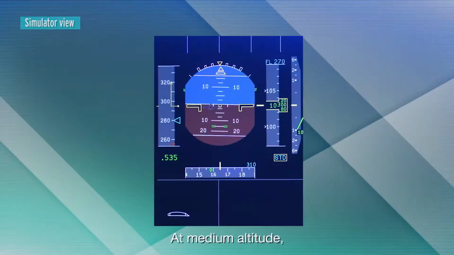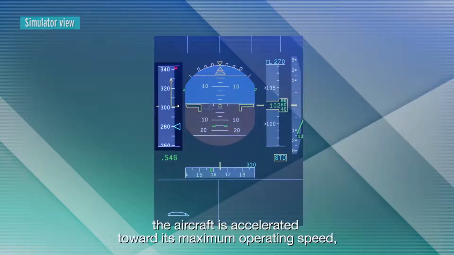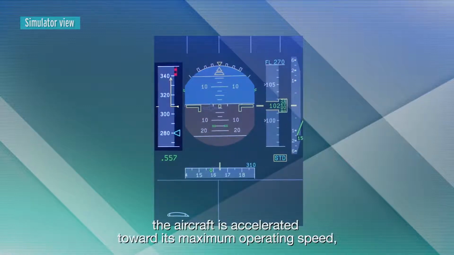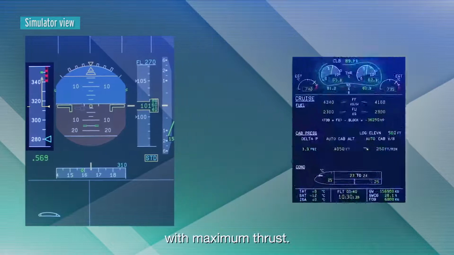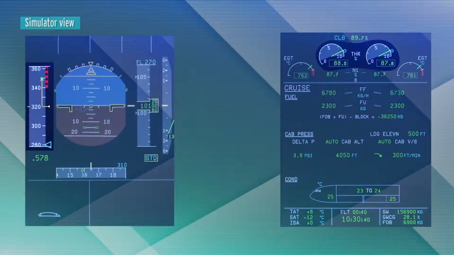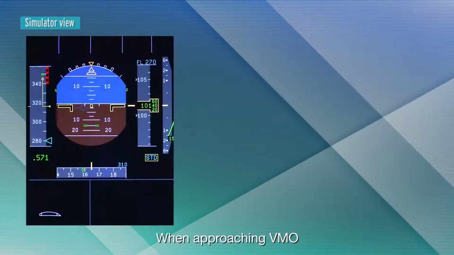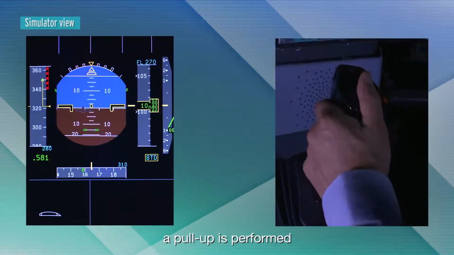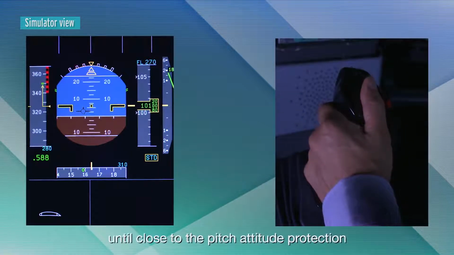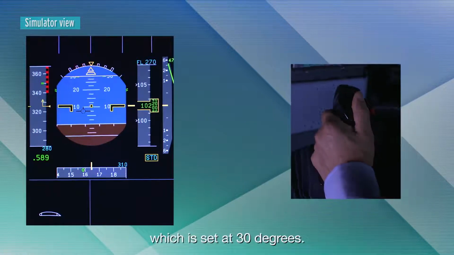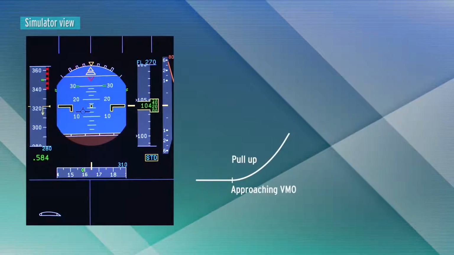At medium altitude, the aircraft is accelerated toward its maximum operating speed, VMO, with maximum thrust. When approaching VMO, a pull-up is performed until close to the pitch attitude protection, which is set at 30 degrees.